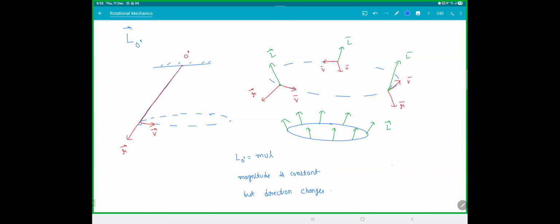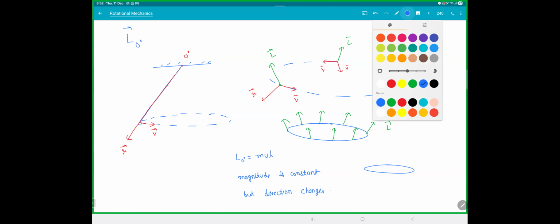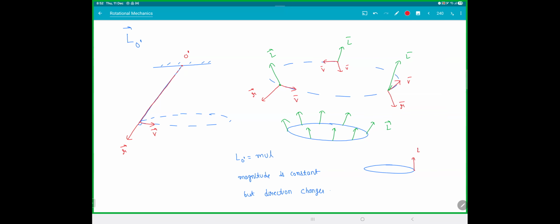So we can actually resolve this into two components here. You can say there is one vector which is L perpendicular and then one vector L parallel component. The L perpendicular is constant, whereas the L parallel vector is rotating.